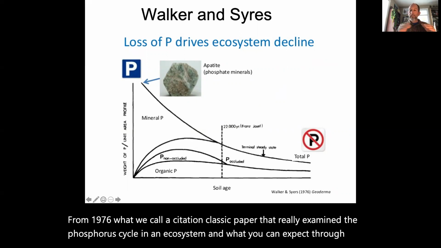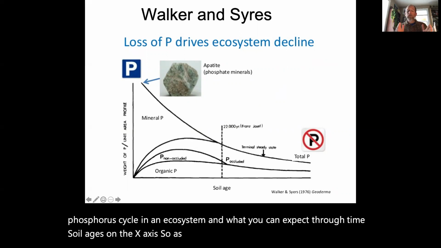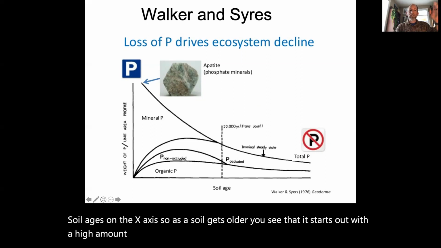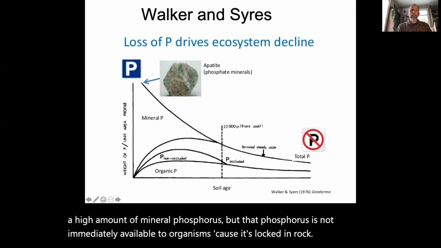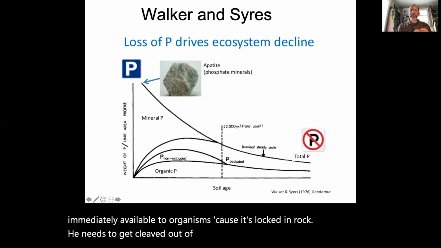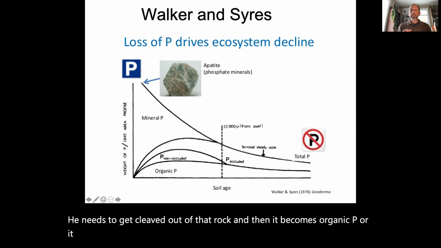Soil age is on the x-axis. As the soil gets older, you see that it starts out with a high amount of mineral phosphorus. But that phosphorus is not immediately available to organisms because it's locked in rock. It needs to get cleaved out of that rock, and then it becomes organic P, or phosphorus that is available for organisms.